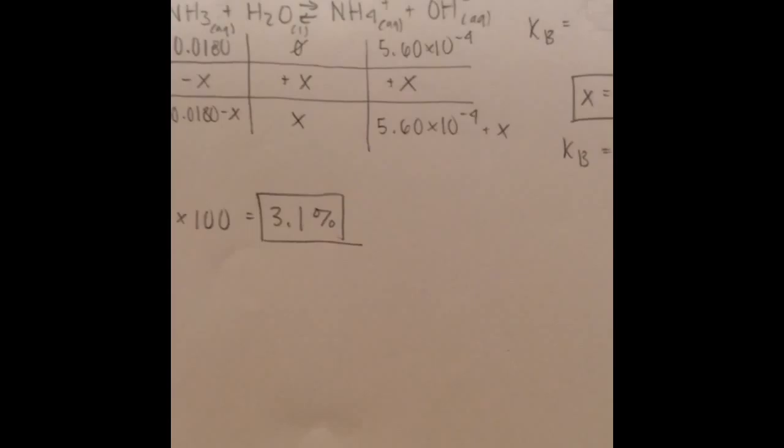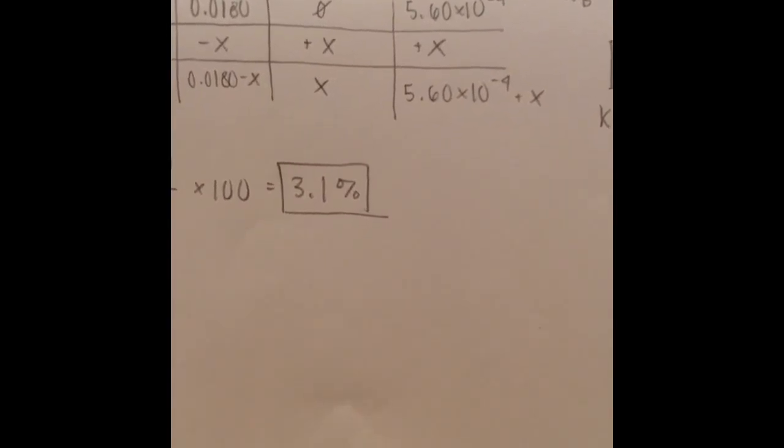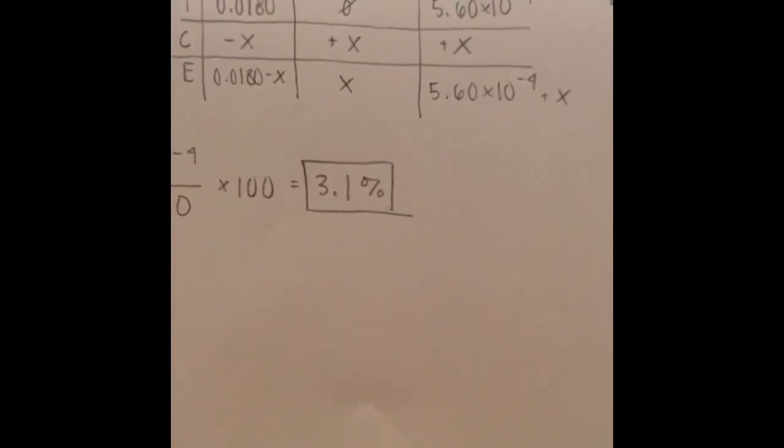For OH minus, we solved for X, which was 5.6 times 10 to the negative fourth, so that's our initial concentration.